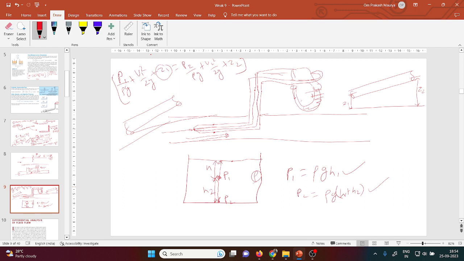But if you calculate P1 from here, what will happen? The pressure P by rho g, if you want to calculate, everything will remain the same: P2 by rho g plus V2 square by 2g plus Z2 minus Z1.